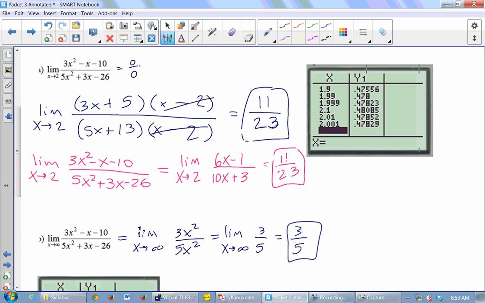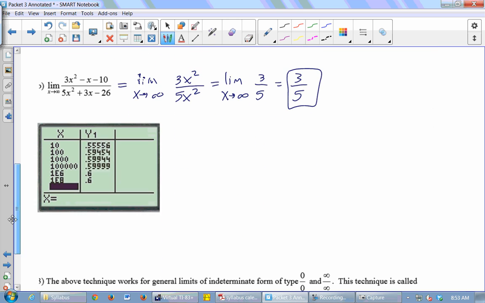All right, let's see if the same technique works down here. The limit as x approaches infinity, 3x squared minus x minus 10 over 5x squared plus 3x minus 26. Well, the question is, how fast does the numerator go to infinity?